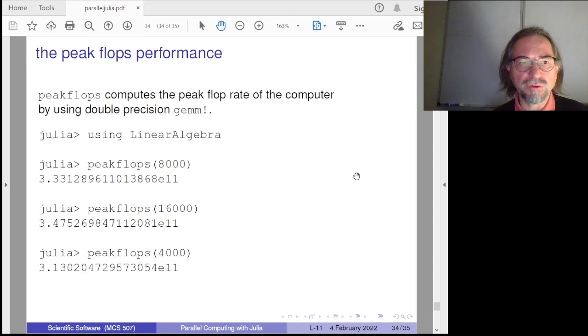Flop stands for floating point operations per second, and you can check the peak floating point performance that is computed using the matrix operations provided by BLAS. I forgot now what the GEMM stands for, but it's one of the operations that is provided by BLAS.